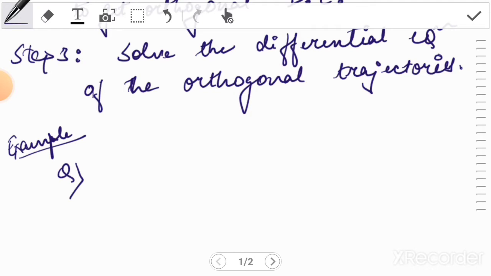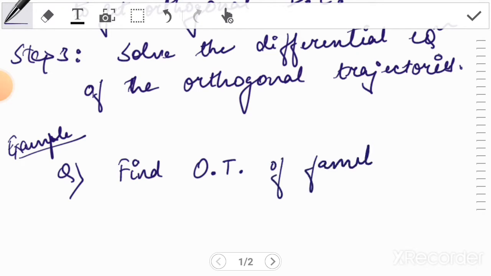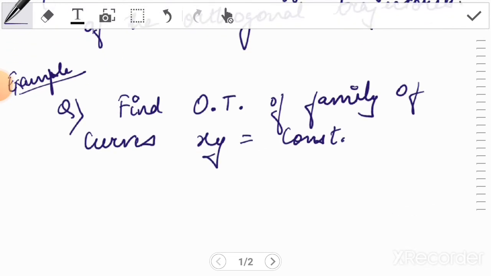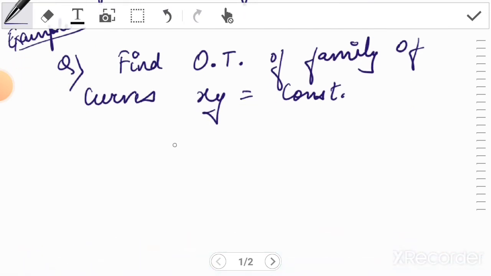Find the orthogonal trajectory of the family of curves xy is equal to constant. So we have given xy is equal to c. Now differentiate with respect to x.